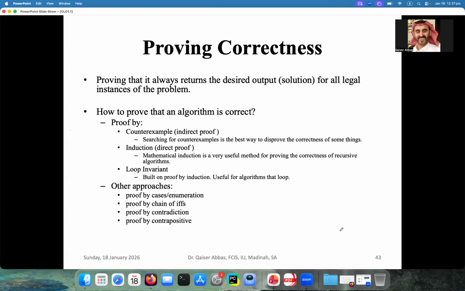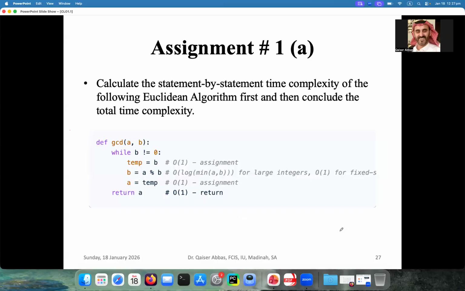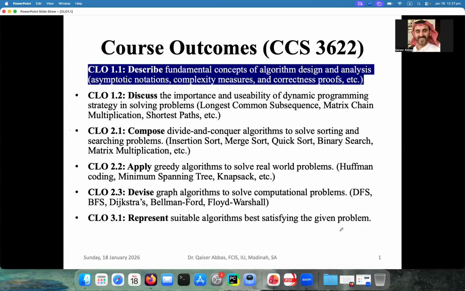Now, the topic is changing here: proving correctness. Up to this point, if I show you the first slide, it describes the fundamental concepts of algorithm design and analysis, including asymptotic notations. We are finished with the asymptotic notations: Big O, omega, theta.